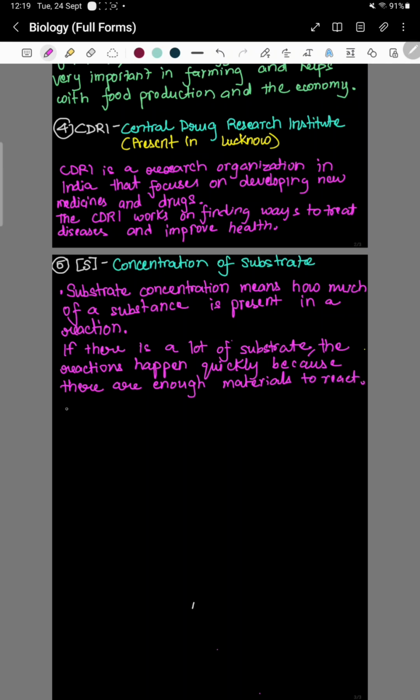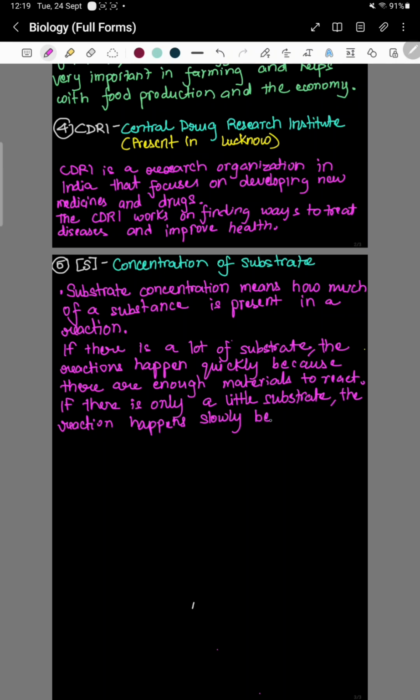Next, if there is only a little substrate, the reaction happens slowly because there aren't enough materials.